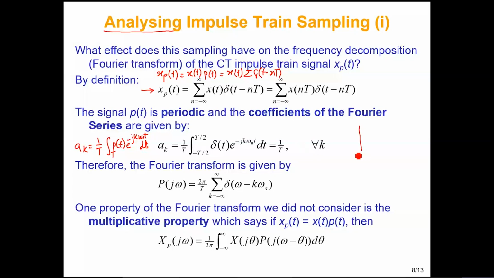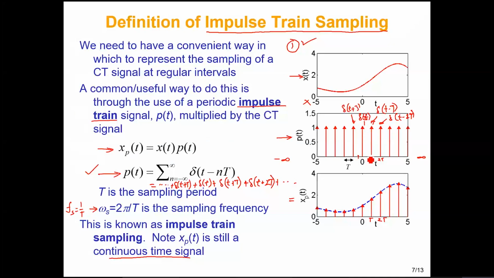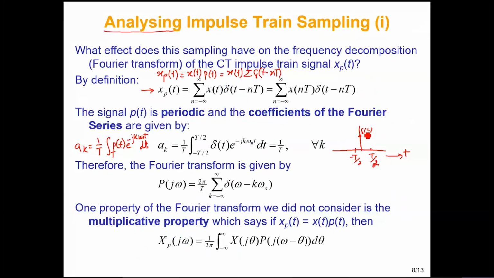So the first thing we need to see is what time period we should select. We select the time period from minus T by 2 till T by 2, where the value is just delta t. In between that we have just delta t.